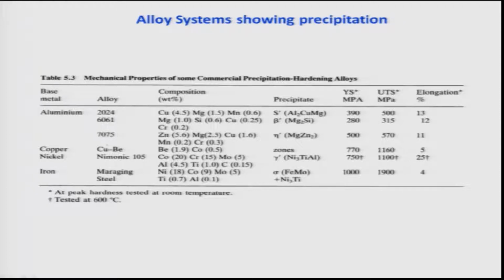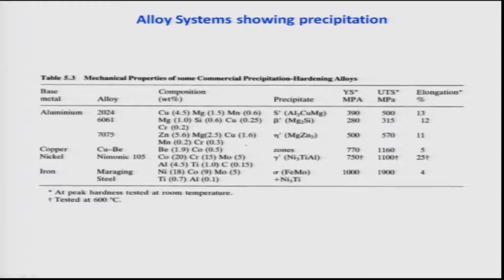And 7075 is an aluminum zinc alloy with a certain amount of copper, 1.6 weight percent, magnesium 2.5%, and the rest like manganese and chromium. So, these are three important aluminum alloys which show precipitation hardening behavior.